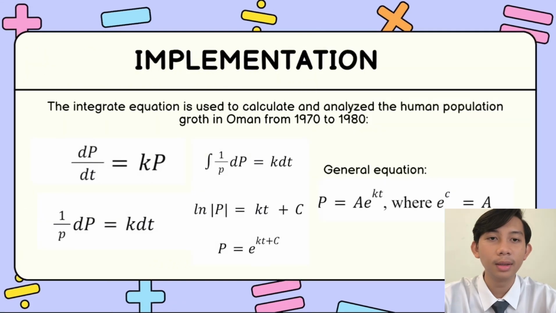Next, the integrated equation is used to calculate and analyze the human population growth in Oman from 1917 to 1918. This is our formula and equation that we will use and will be explained in the next slide.